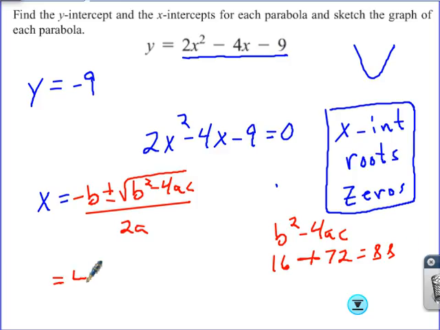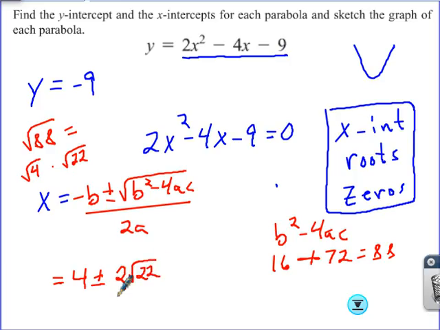Negative b plus and minus the square root of 88. Clean that up. Anybody see any perfect roots in 88? There's only one. What is it? Good. 4. So it's 4 times 22, which will be 2 root 22.